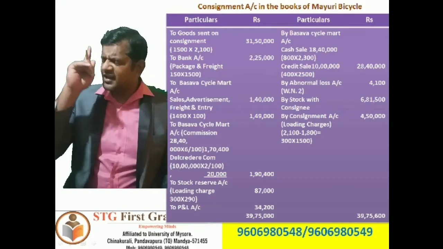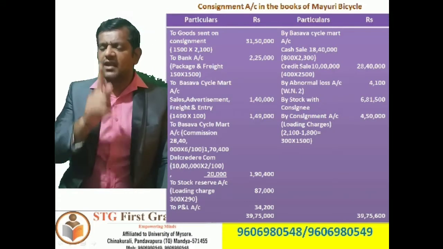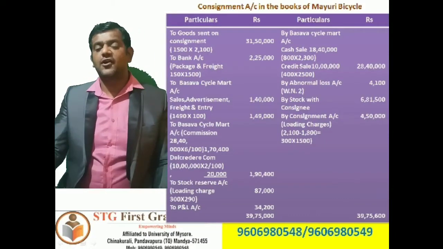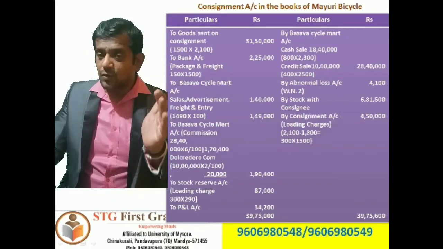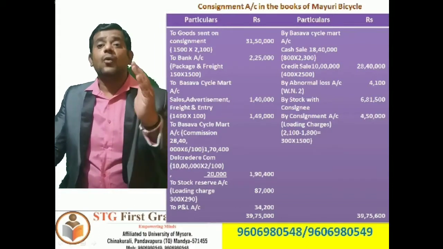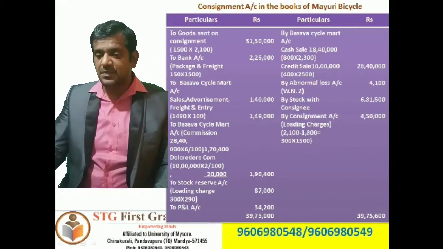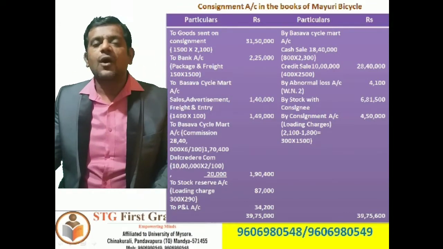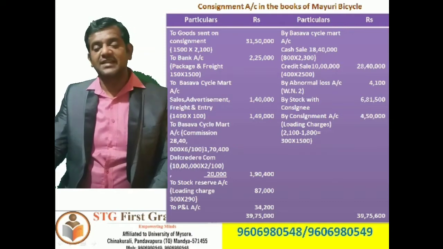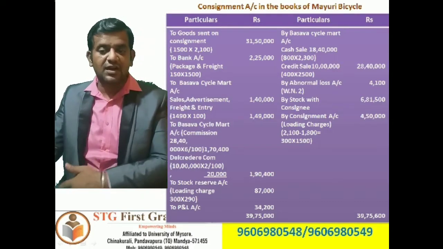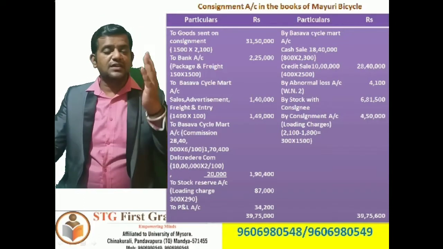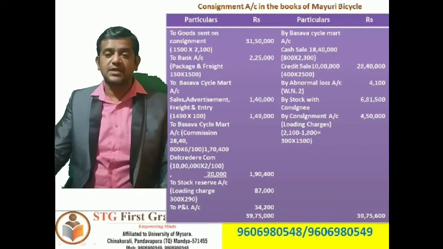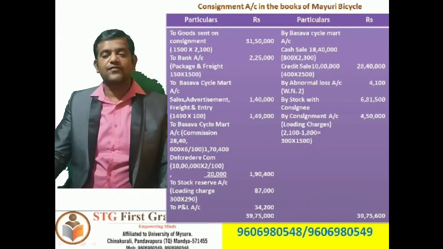I said whenever there is a different amount given between invoice price and cost price, we have to find out the value. So 2,100 was invoice price, 1,800 was cost price. Deduct it, you are going to get 300 rupees. So 300 into 1,500 bicycles consigned. So the value of loading charges comes to 4,50,000 rupees.